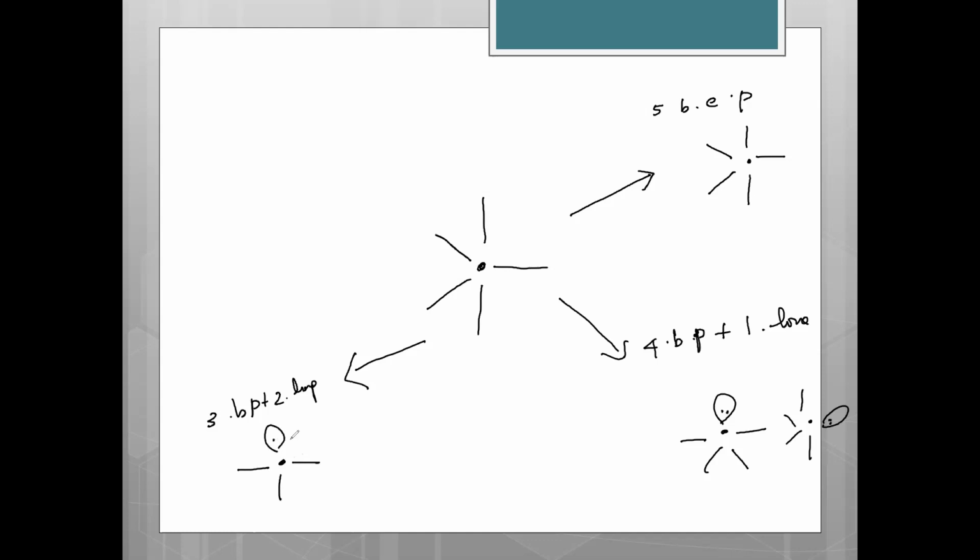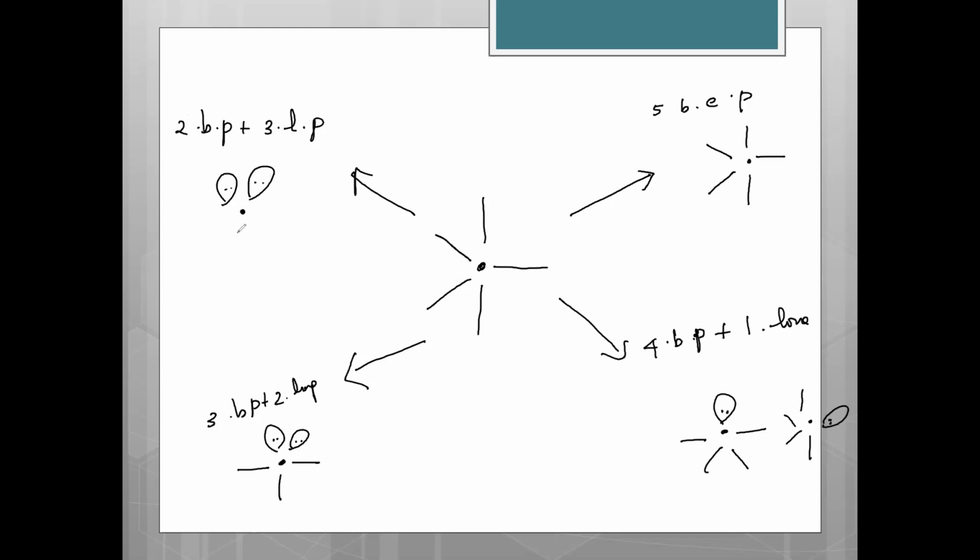Think like that. Okay, so two lone pairs and one bonding pair in one plane, another two bonding pairs perpendicular to that axis. Finally, if you have two bonding pairs plus three lone pairs, you can draw this like this.